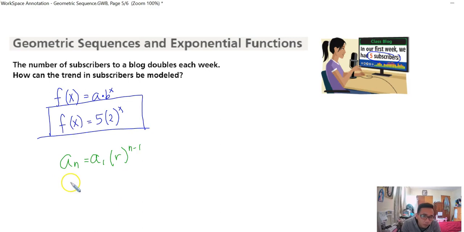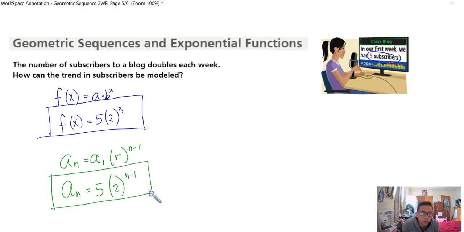So we have a sub n, and we said that the initial amount is 5, and the common ratio is 2 raised to n minus 1. So this is the geometric sequence formula that we can use. So the number of subscribers changes by a constant ratio. So both an exponential function and geometric sequence can model this situation.